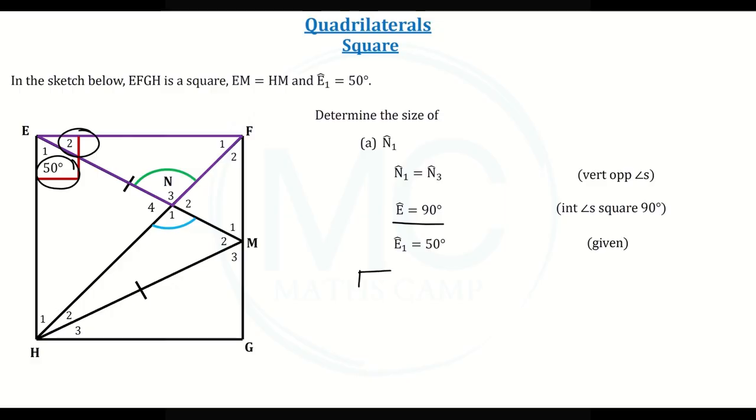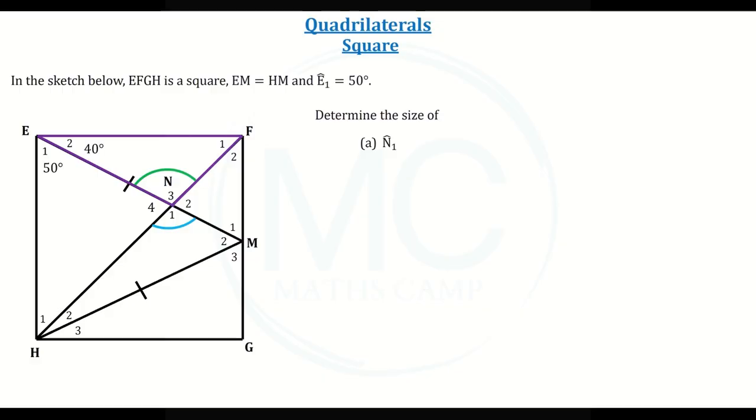So we can say angle E2 is equal to 90 degrees minus the size of angle E1, 50 degrees. 90 minus 50 gives us 40 degrees. This is the size of angle E2. So let's take our red angle out of the diagram and put in 40 degrees. And now we can make some space.